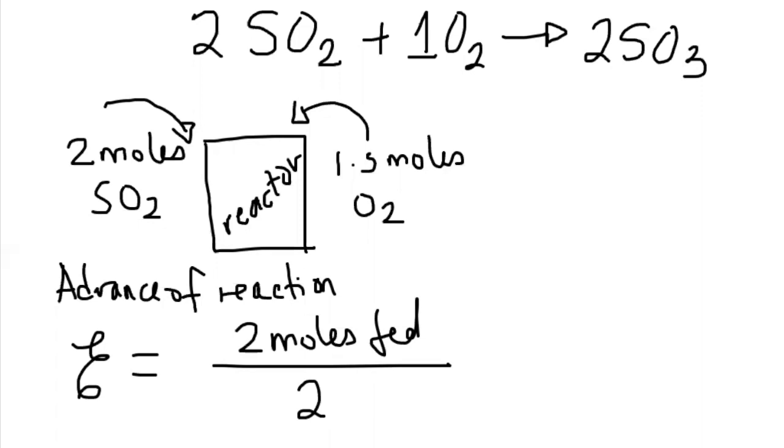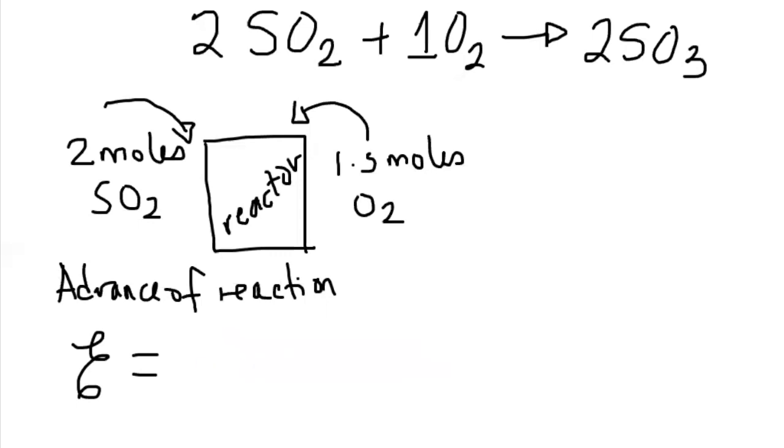If the 2 moles that are fed are not the ones that react, because there is a fractional conversion, we still do the same. Let's suppose that the fractional conversion of the limiting reactant is 0.7. It means that the amount of moles that are going to react here is 0.7 times the 2 moles that are fed, which is equal to 1.4.